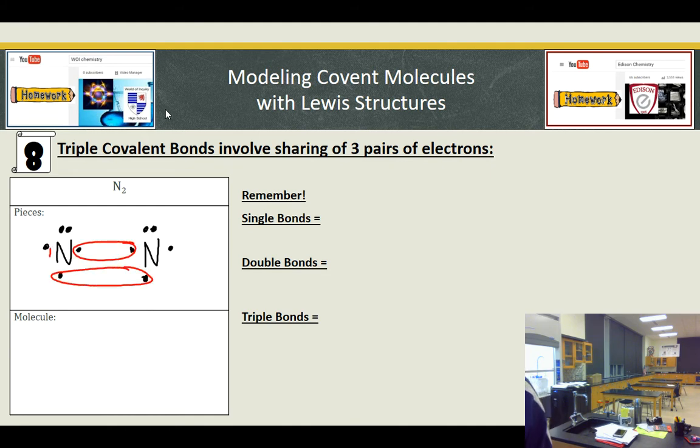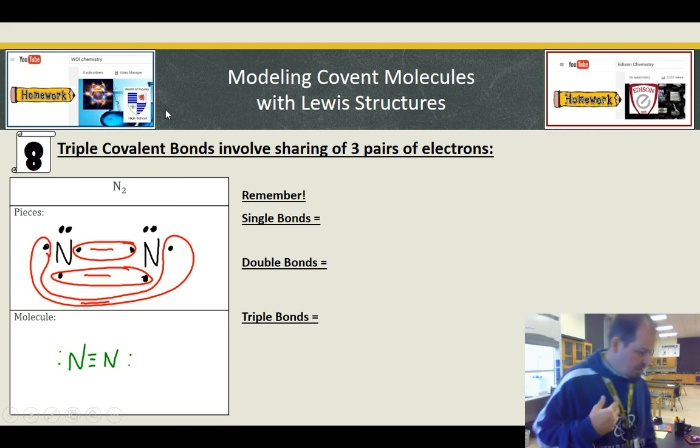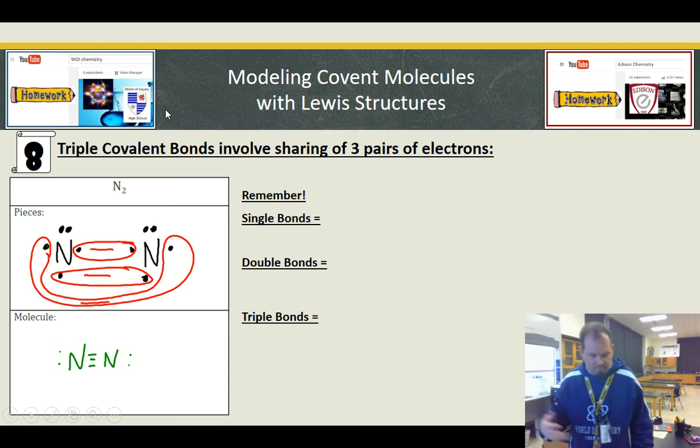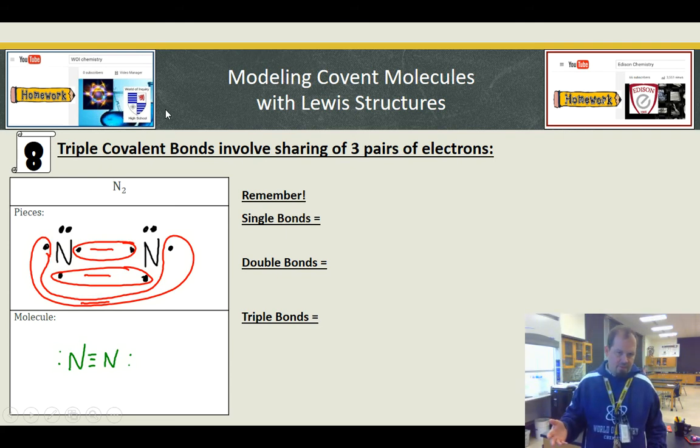This bonds. This one bonds. All 3 of these form a bond. Just notice I have 3 dashes now. So nitrogen is notorious for making a triple bond. And I'm going to put my electrons on the end, because of my previous learning and how I was taught to do things.